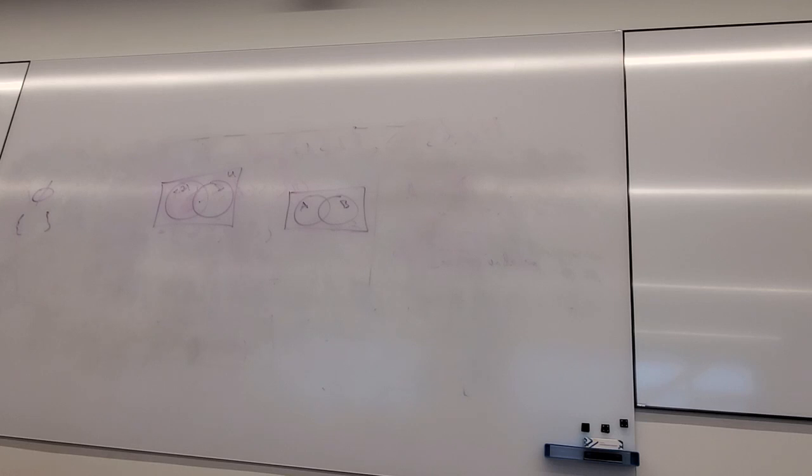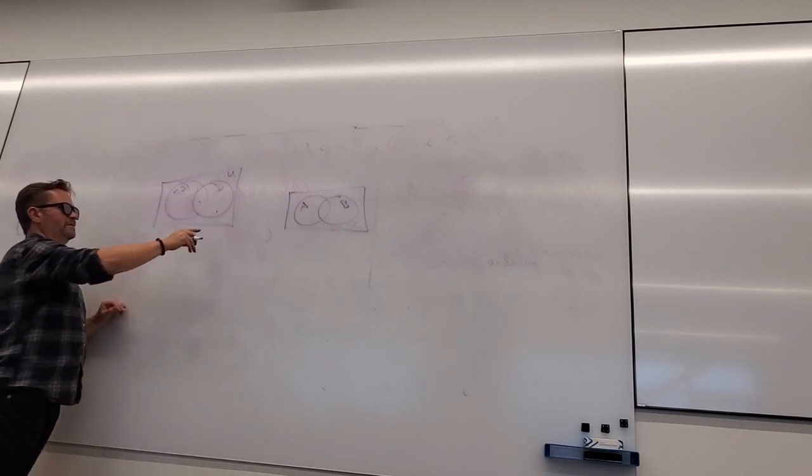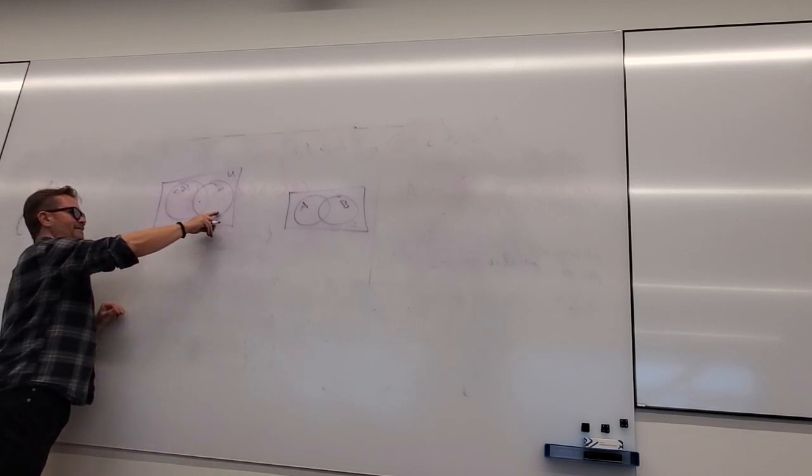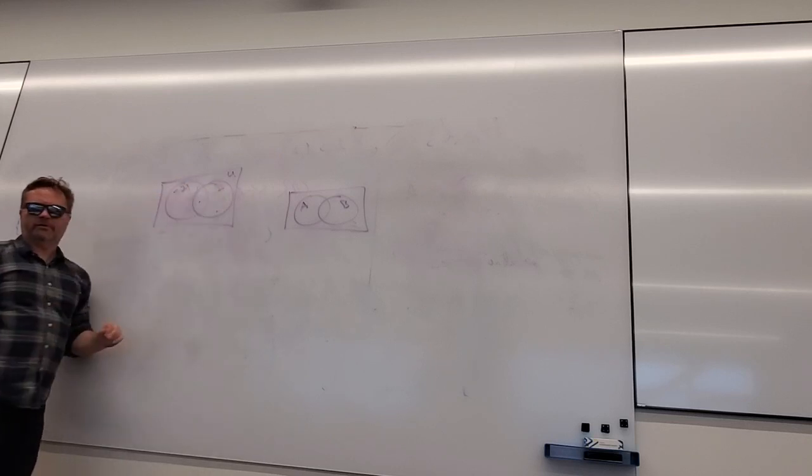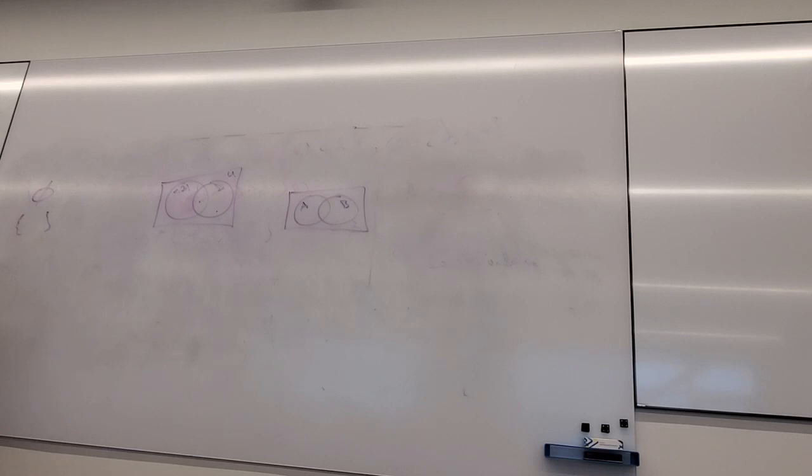What's true about this person? Above 21. Yeah, they're at least 21, and they're a Democrat. Okay. You guys get the basic idea of Venn diagrams, okay?